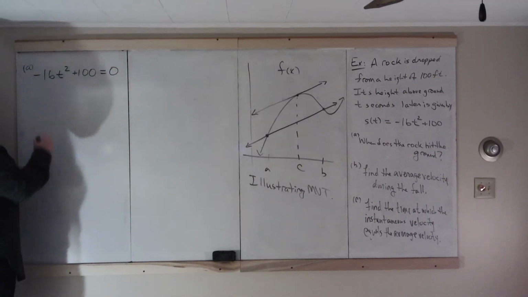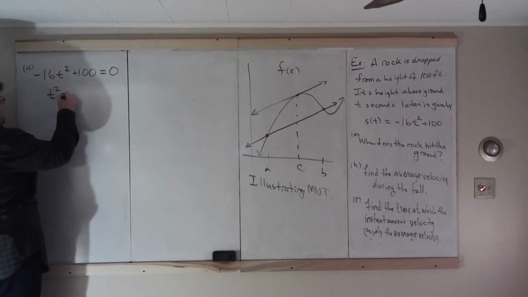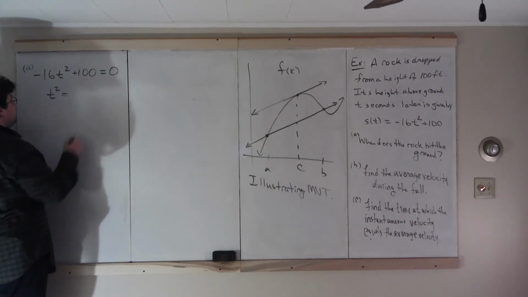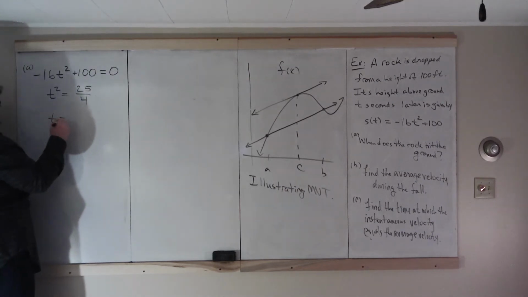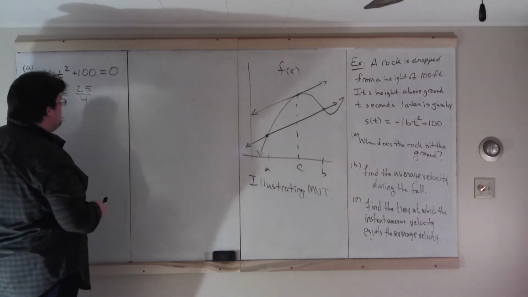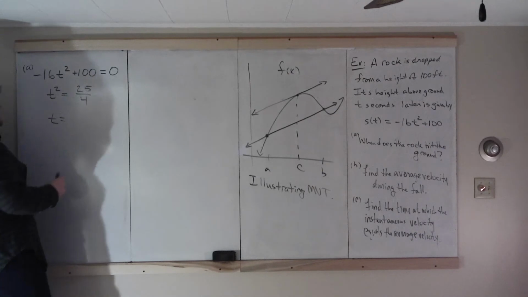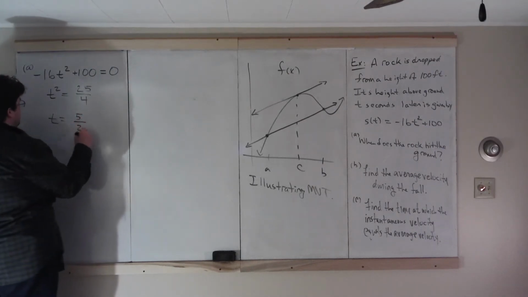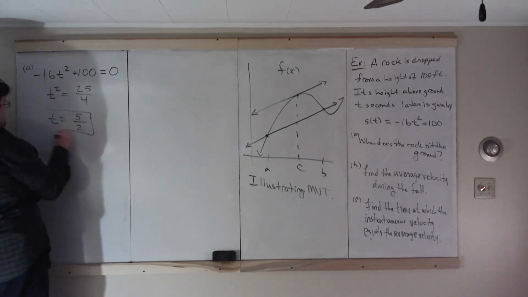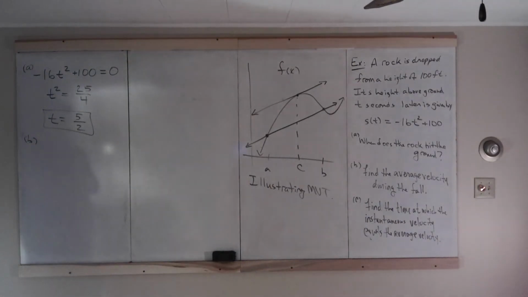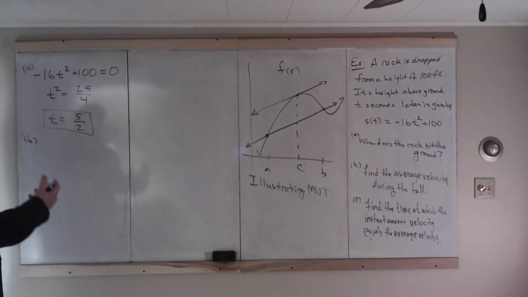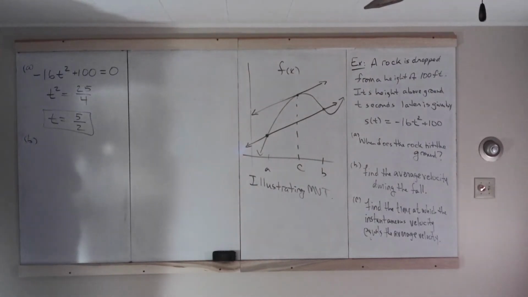Solve this, what do we get? t squared is 50 over 8, 25 over 4. I didn't write a domain restriction for t because technically we're going to be finding it here. Only the positive will take. So this ball is in the air from second 0 to second 5 halves.